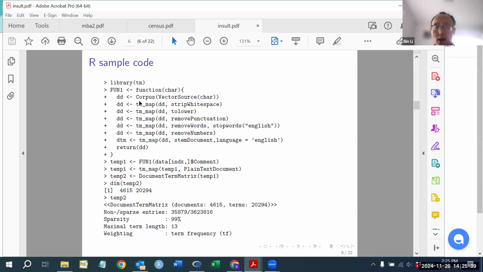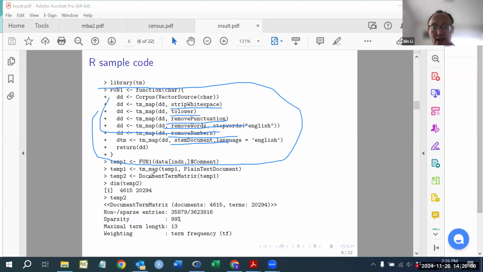So we can remove the white space like here. This step is to remove the white space. This is to change the uppercase to the lowercase, and remove the punctuation marks, and remove the stop words, and remove the numbers, and stem the words. So all these are available. So I'm just writing a function and applying this function to the data set.